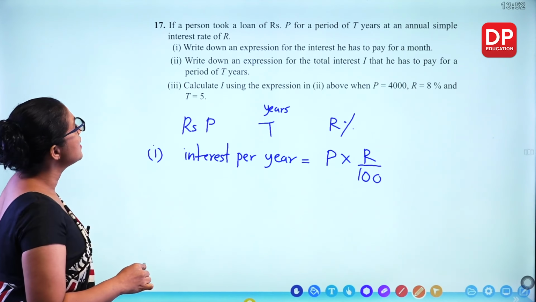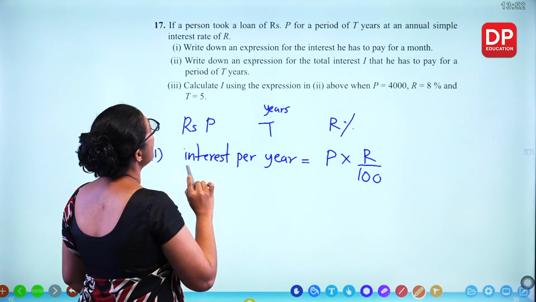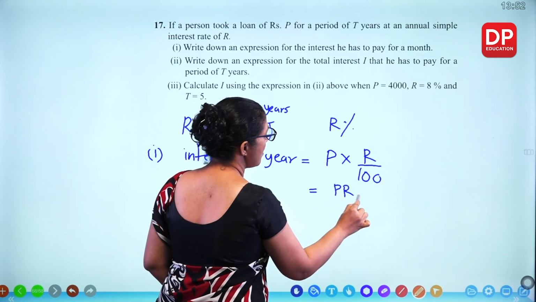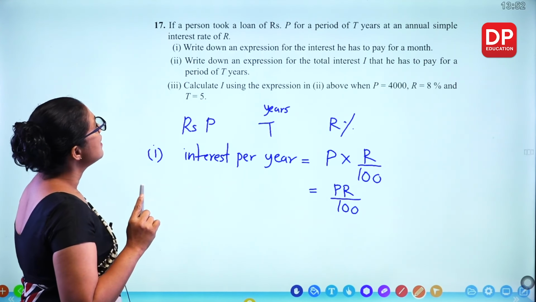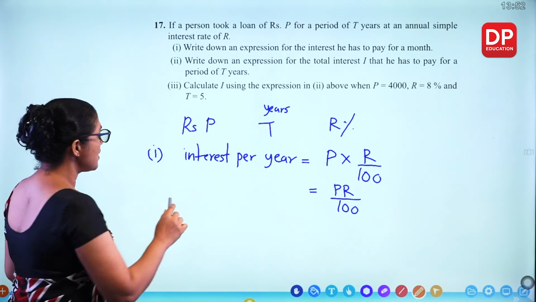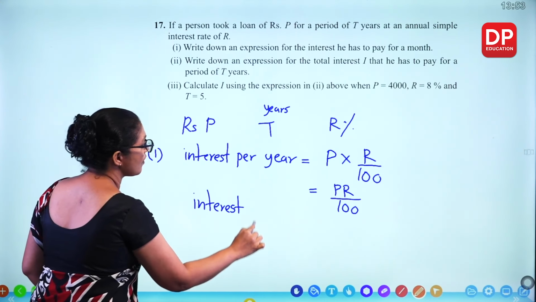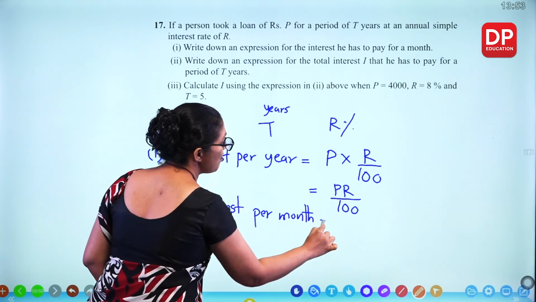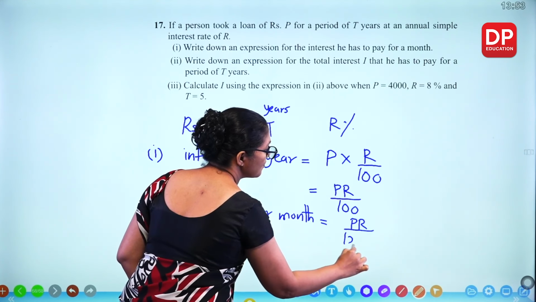Interest per year is this much, and this is PR over 100. That's the interest for a year. Interest per month: you have to divide this by 12 again.